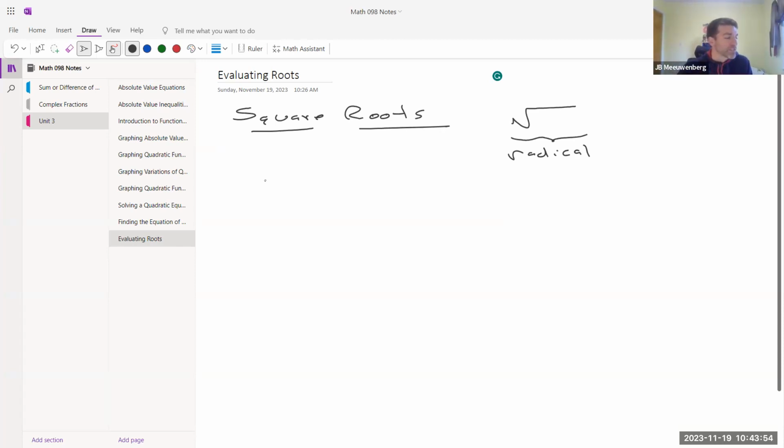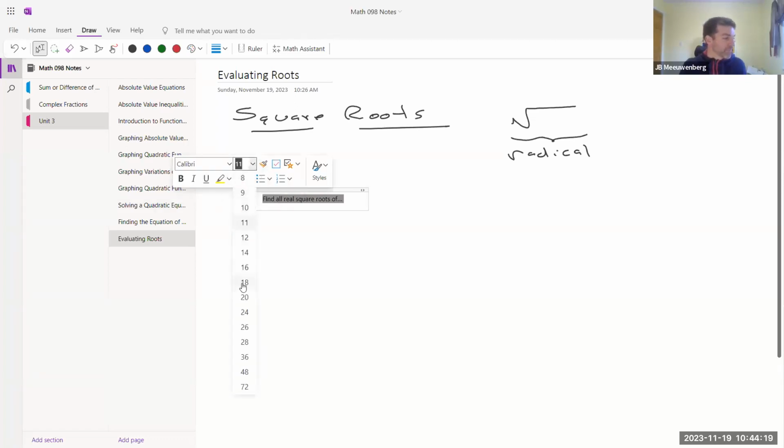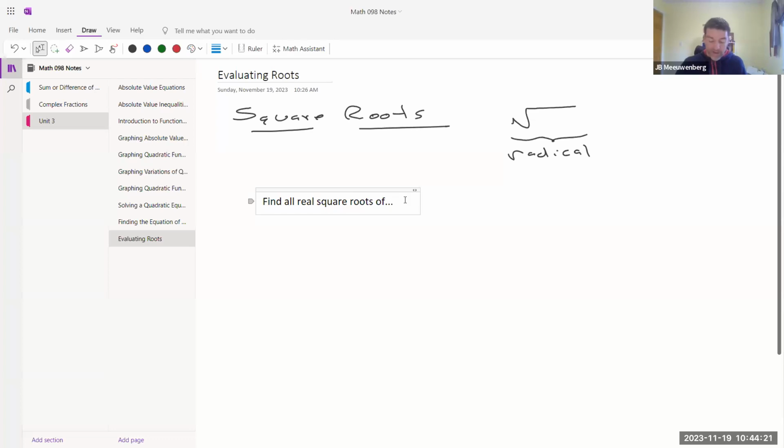So square roots. You are going to see questions that are phrased like this. First of all, I'm going to type this out because it's a little bit wordy. Find all real square roots of, and then you'll have a number listed.